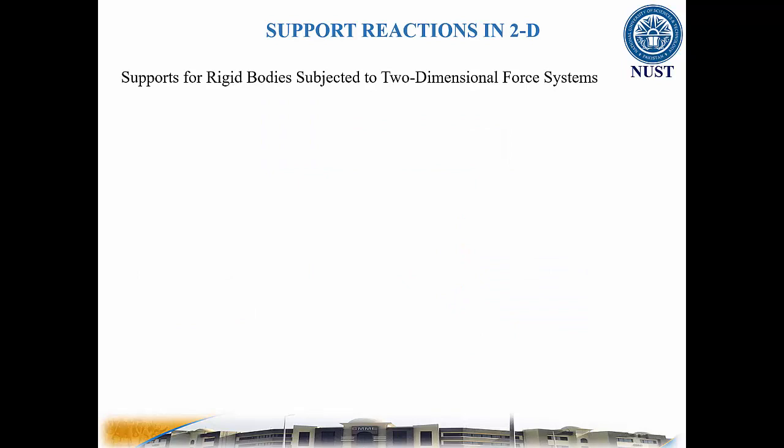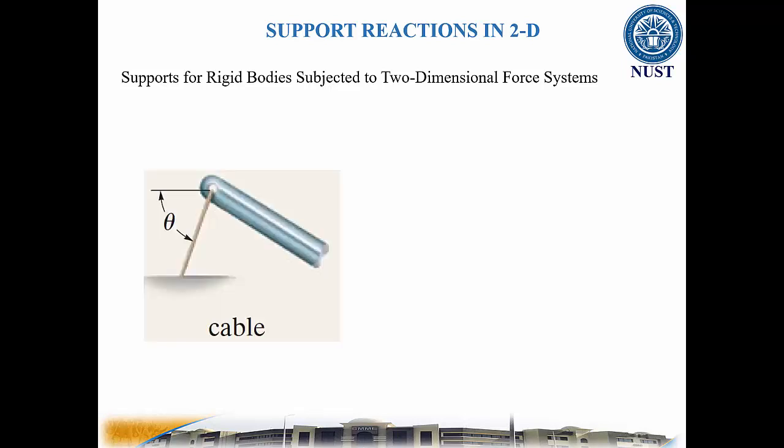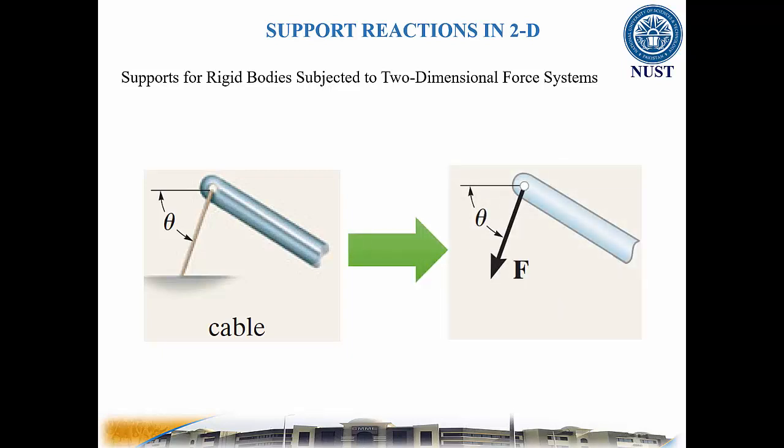Here is the list of some common types of support for bodies subjected to coplanar force systems. In all cases, the angle is assumed to be known and the surface is taken as frictionless. In a cable type of connection, there is always one unknown. The reaction is a tension force which acts away from the member in the direction of the cable.